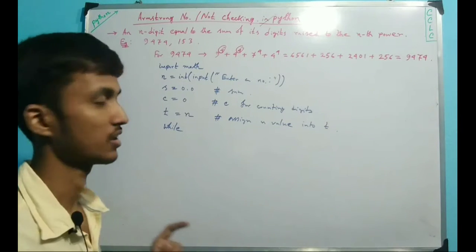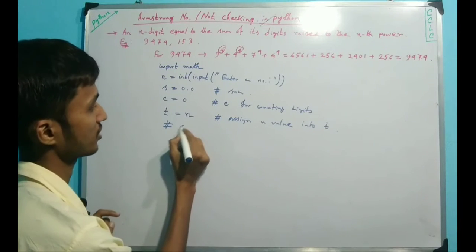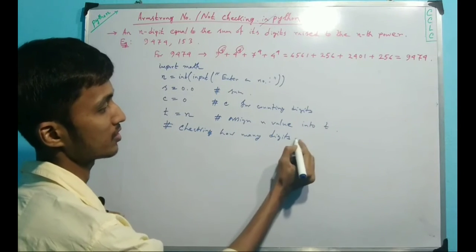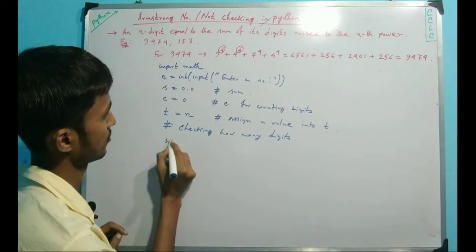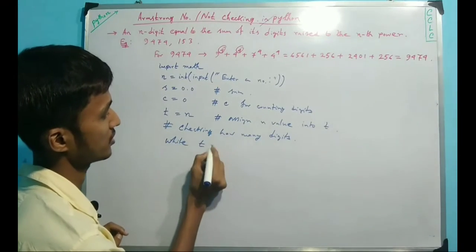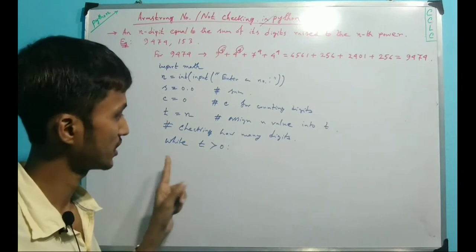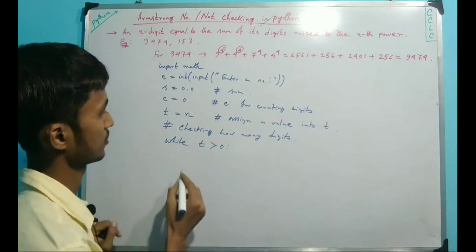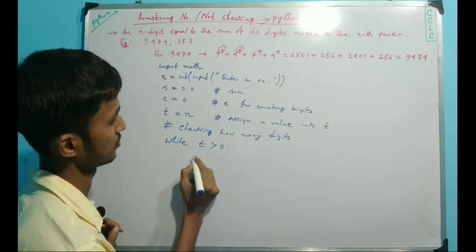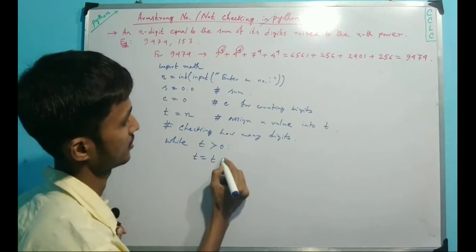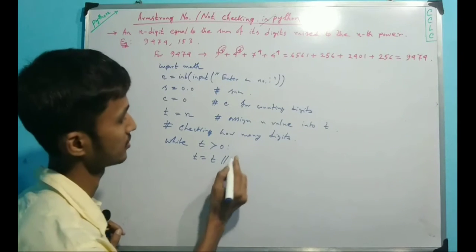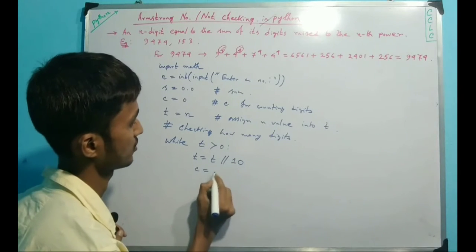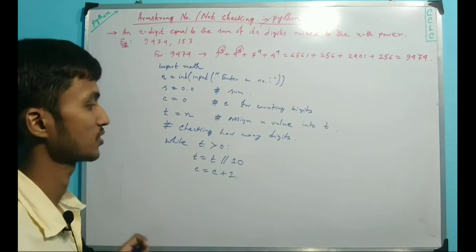Next, loop start, checking how many digits the number has. So first, while t greater than 0, so t equals t double slash 10, count digit, c equals c plus 1.